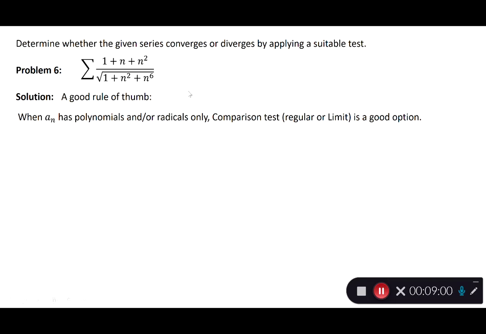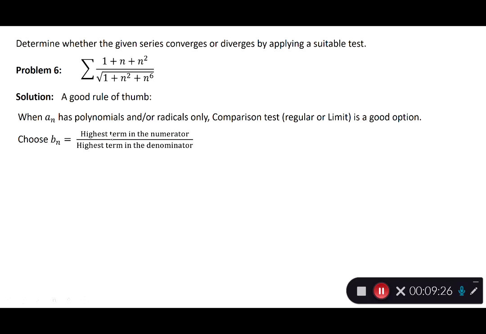Suppose sigma a sub n and sigma b sub n are series with positive terms. It starts with that, right? So our series is sigma a sub n, and we need to come up with sigma b sub n. So what is that sigma b sub n? My suggestion to you is you choose your b sub n in the following way.